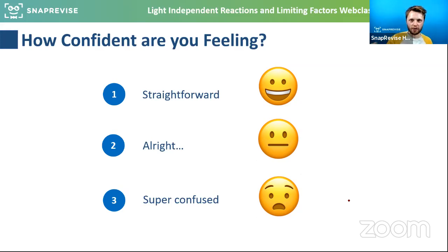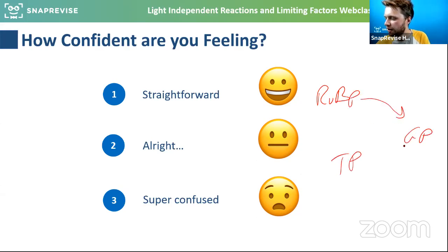So what I've always said to my kids at A-level, I probably shouldn't refer to them as kids because they're like 17 and 18, is if you can remember the cycle, as opposed to just remembering fact after fact after fact, if you can remember RuBP, GP, TP, right?